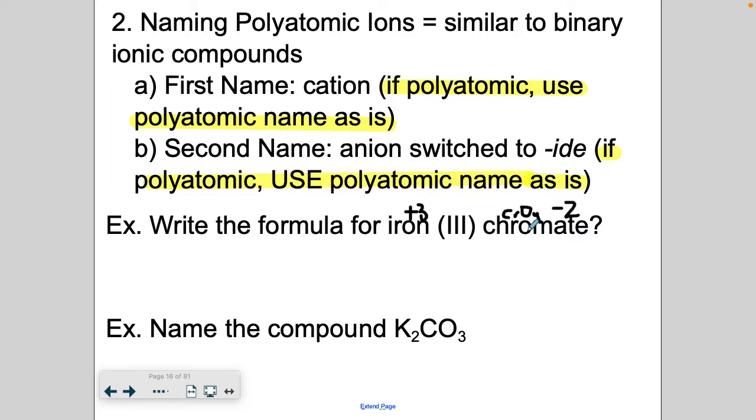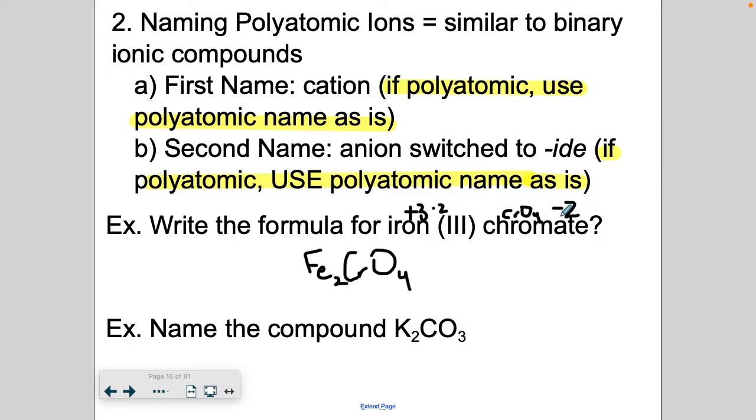Well, my charges are not equal. So how many irons am I going to need? 2. All right, so I'm going to take this times 2. So I got Fe2. And then chromate is CrO4. And it's got a -2, and I got to get to a 6.